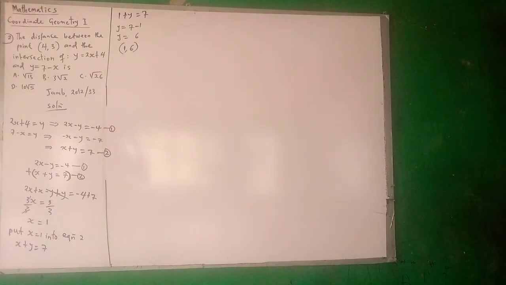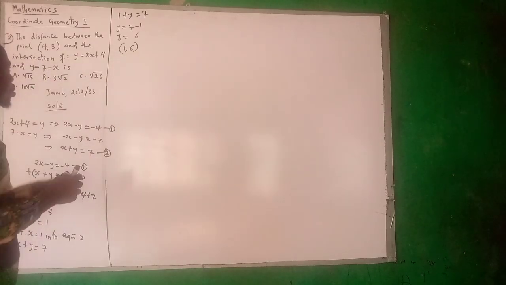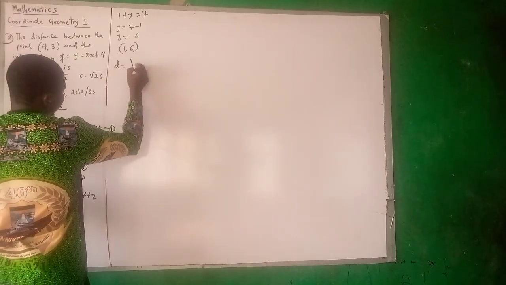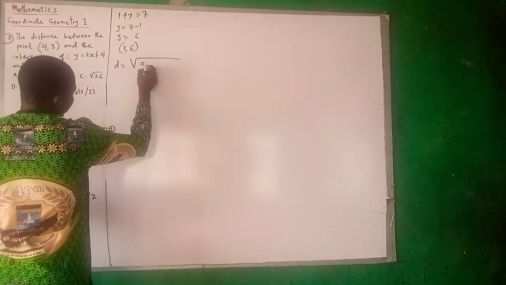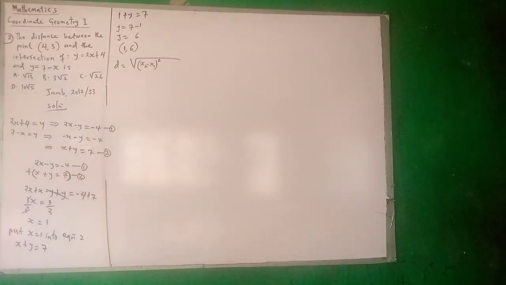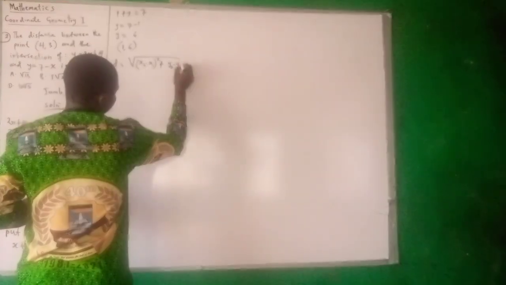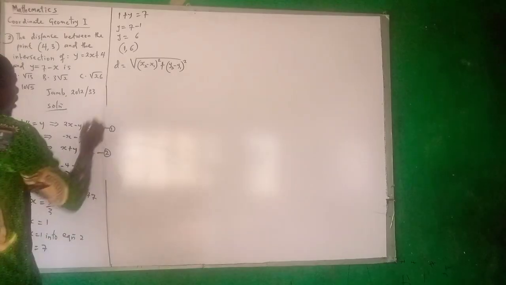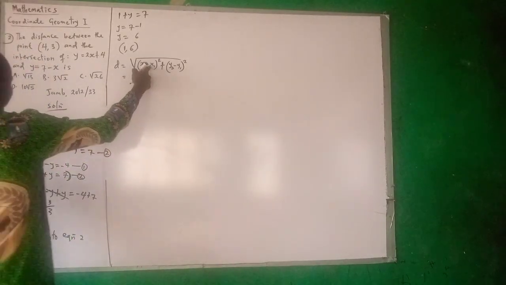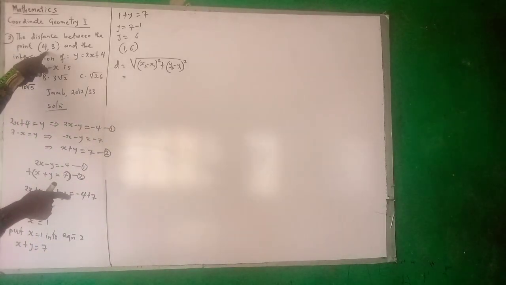Now what I'm going to do is to find the distance between this point and this point using the formula, right? And the formula, which I have stated before, is d equal to square root of x2 minus x1 all squared plus y2 minus y1 all squared. And x1, I told you, is always the first number from the first bracket, right?